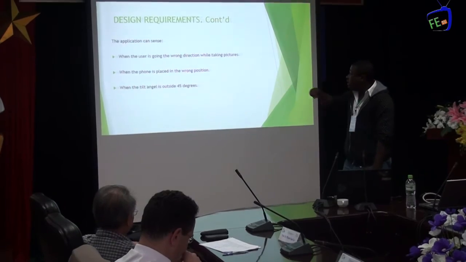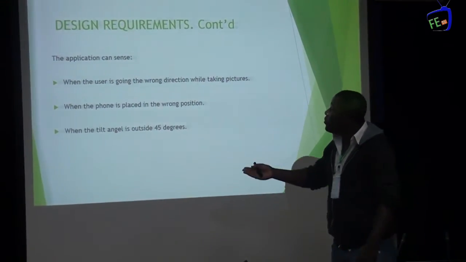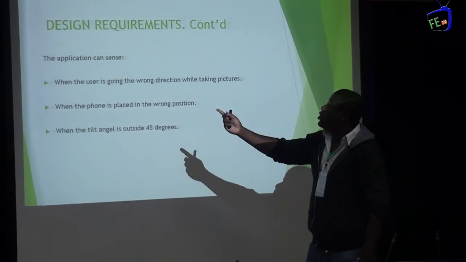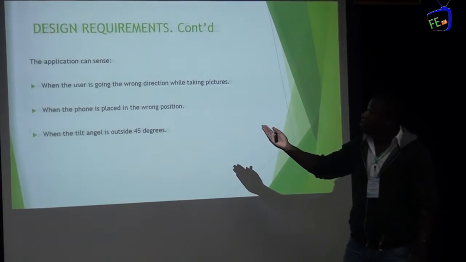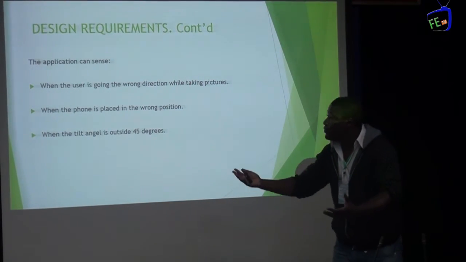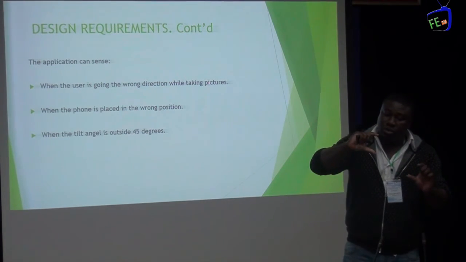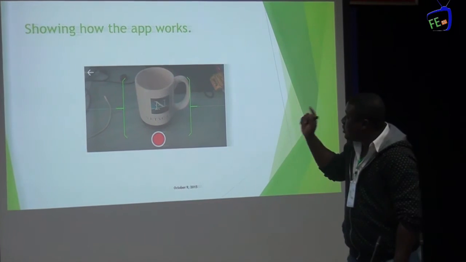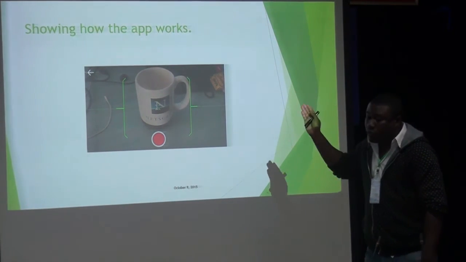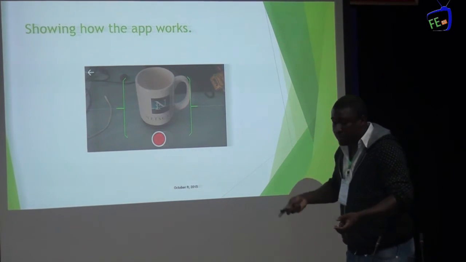As I mentioned earlier, these sensors help the user to know when he's going in the wrong direction while taking the picture, and if he has placed the phone in the wrong direction or the phone is tilted to a wrong angle. This is an example of what the accelerometer and gyroscope do.